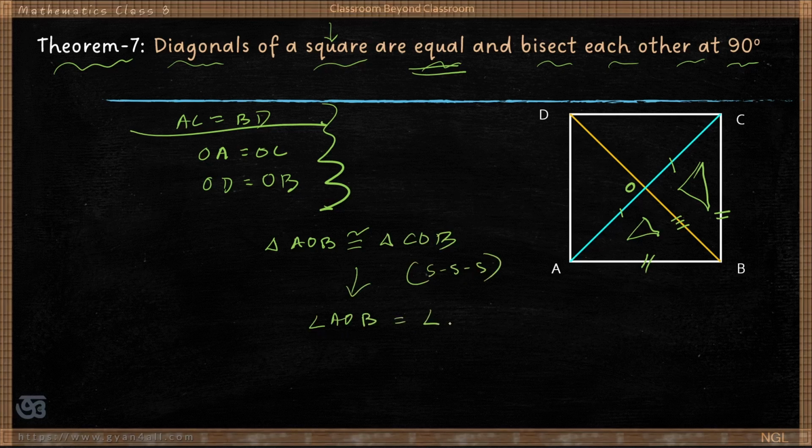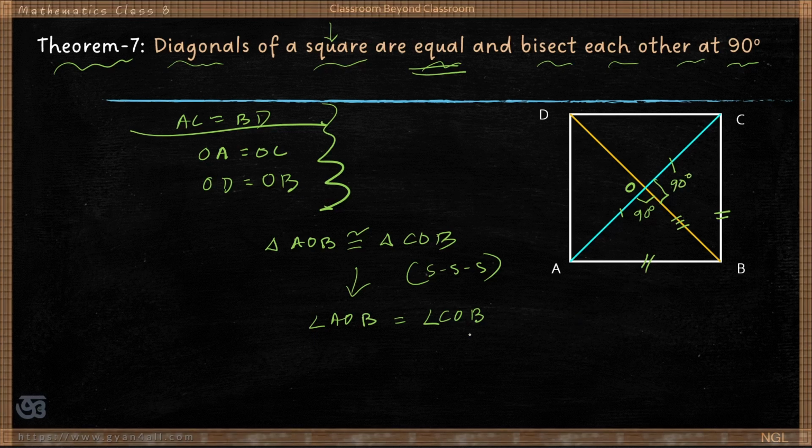Angle AOB is equal to angle COB. If this is equal to this and this whole angle is 180 degrees, then definitely you can say that this angle is 90 degrees and this angle is 90 degrees, equal angles, then only it will be equal to 180 degrees.